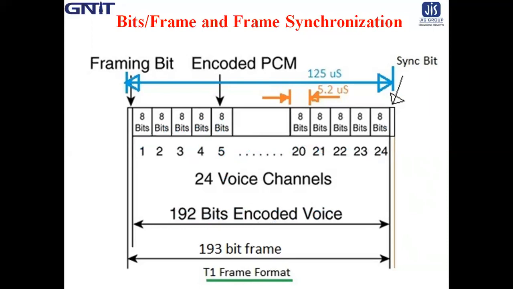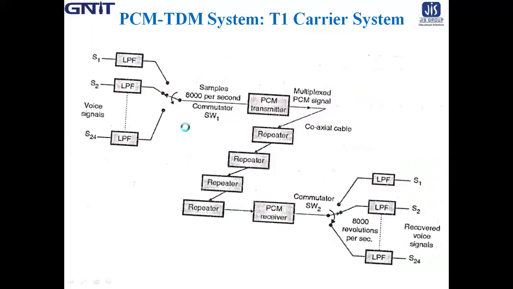Next is the frame synchronization. What is frame synchronization? See, the commutator speed is 8,000 samples per second. That means 8,000 revolutions per second. In 1 second, think about it, the commutator revolves 8,000 times.